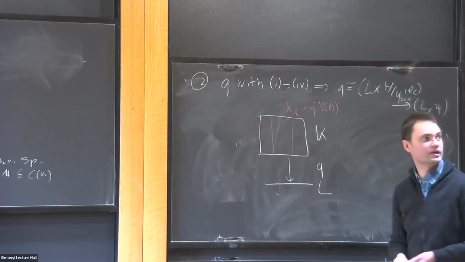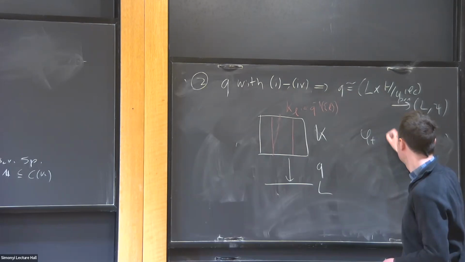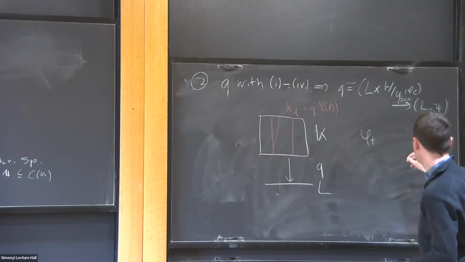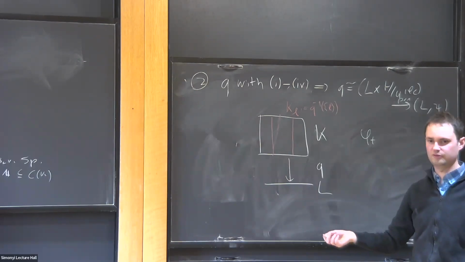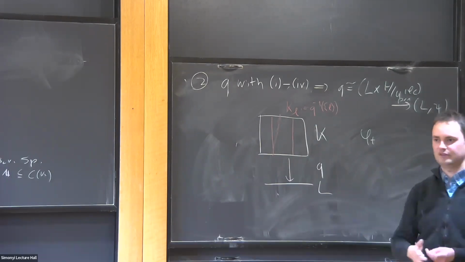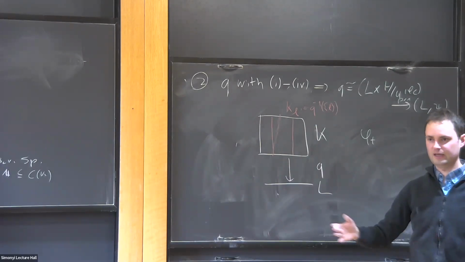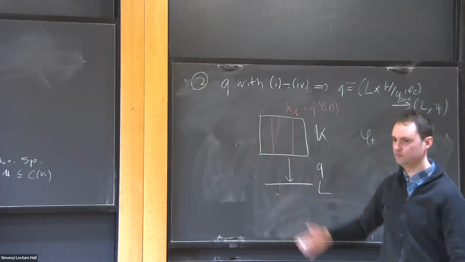Before, I looked at the maps phi t from K to K, and I took the semigroup generated by them and took the closure. And now I just cut them into pieces. Instead of looking at the whole map, I will cut it into pieces by restricting each map to every fiber.